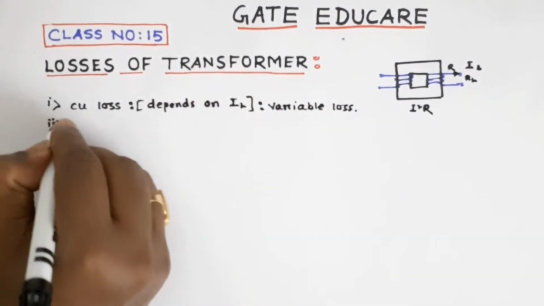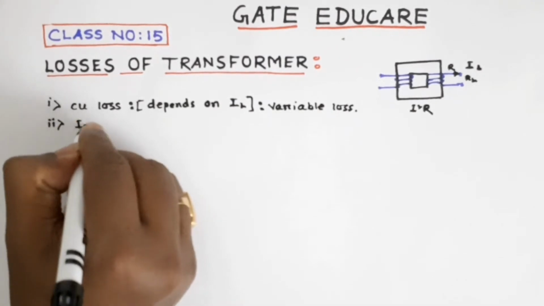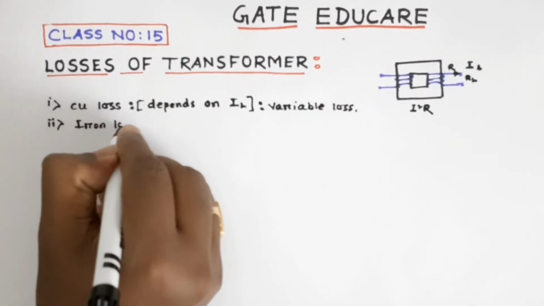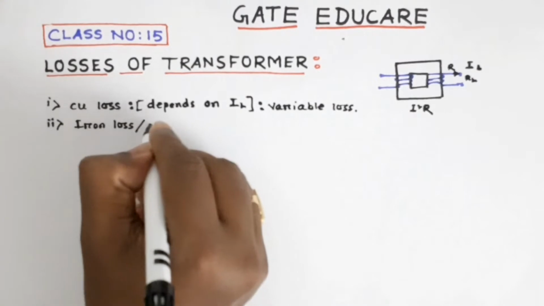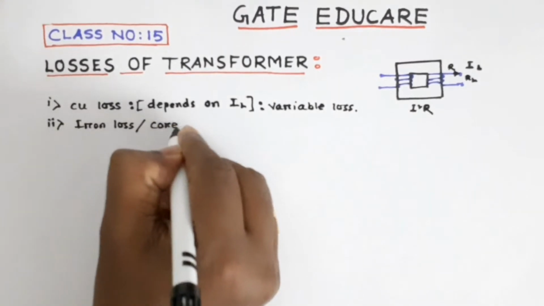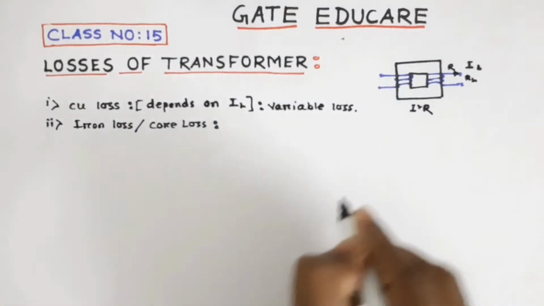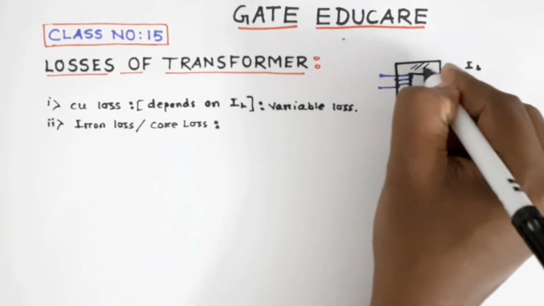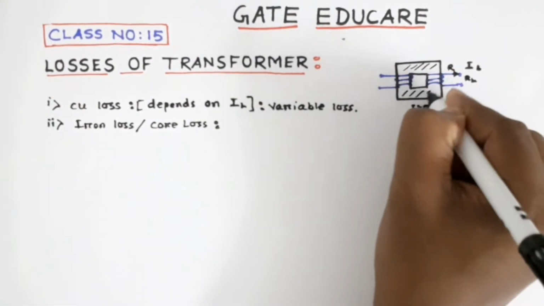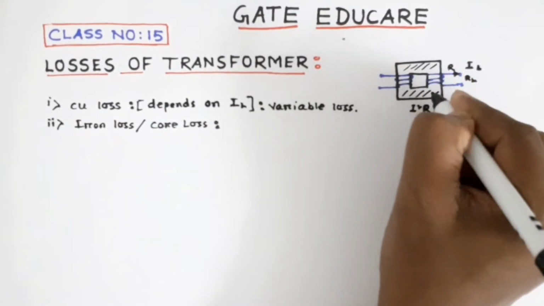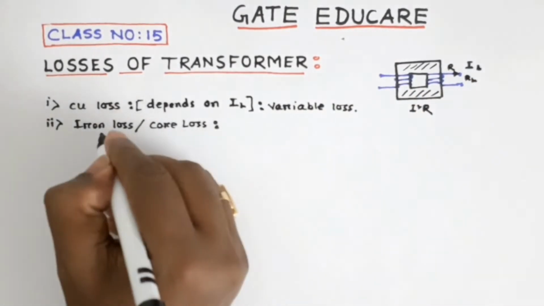Number 2 is the iron loss or core loss. The losses in the transformer core, this is the core of the transformer. Here the losses in the transformer core is called the core loss or iron loss.